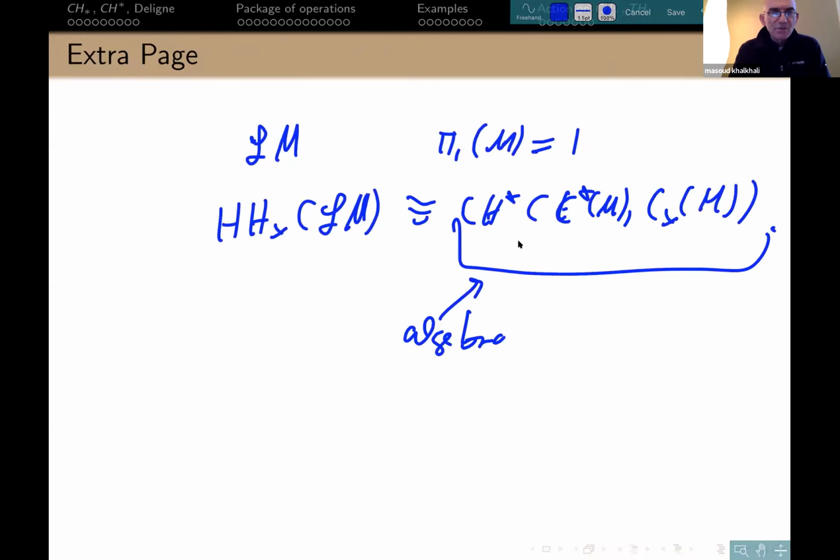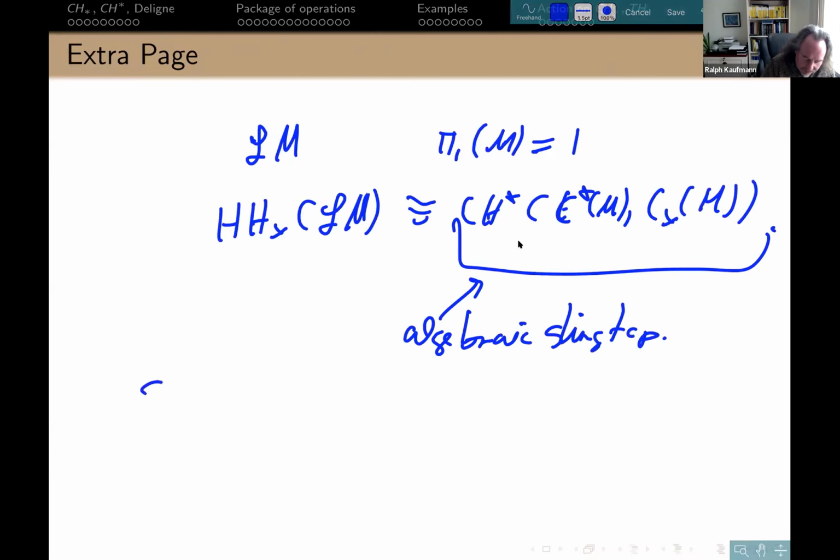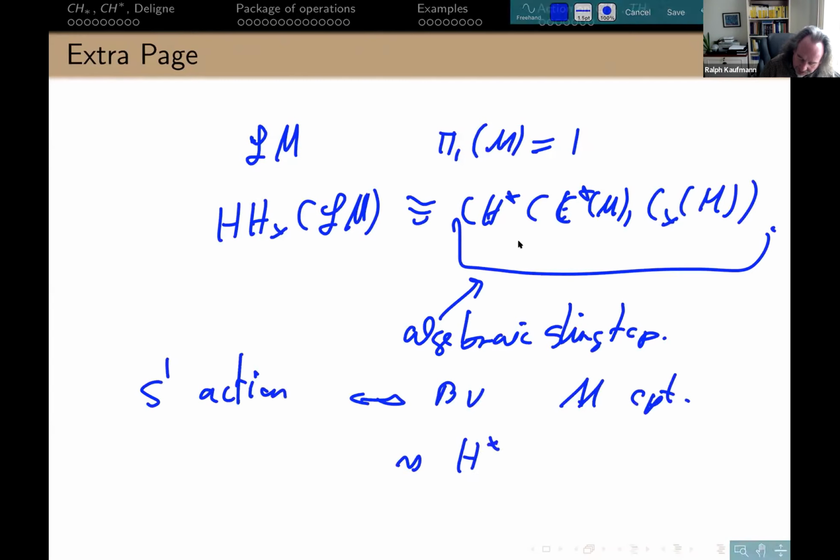I suppose there is also a cyclic version of that, in terms of equivariance. Then you could have an S1 action, and that translates here to BV, but then you need your M to be compact. Then H star of M is isomorphic to H star of M. On the chain level, you have to be careful.